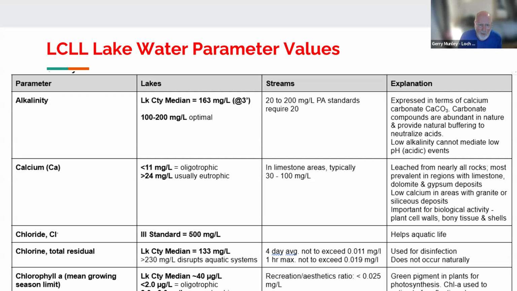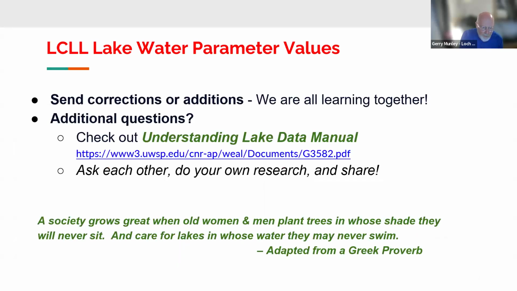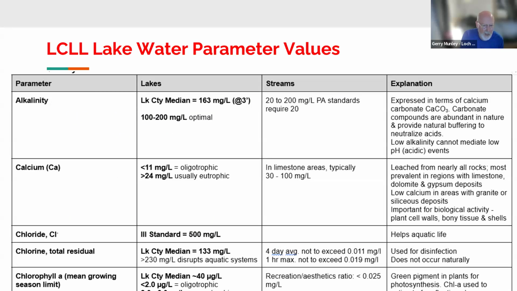I tried to put in Lake County's median value if they had it for any particular lakes. And I tried to put an explanation on the far right-hand side that gave a little bit more detail about what that parameter might be or what you might want to be looking for. So you can access that. There's a link.